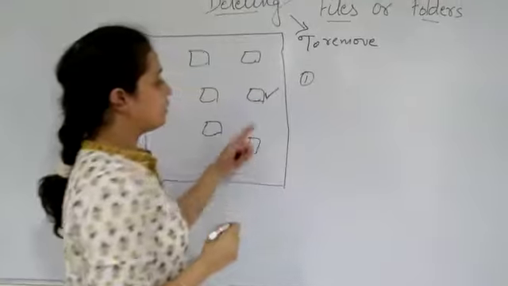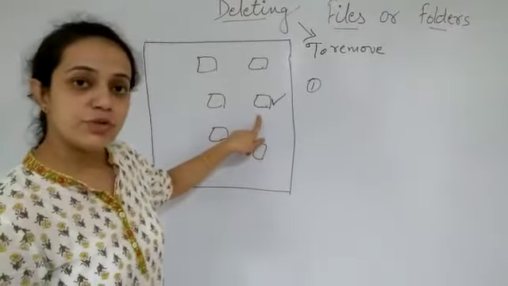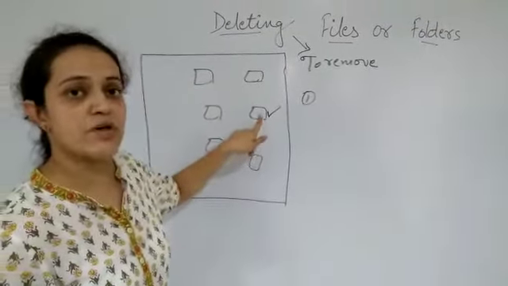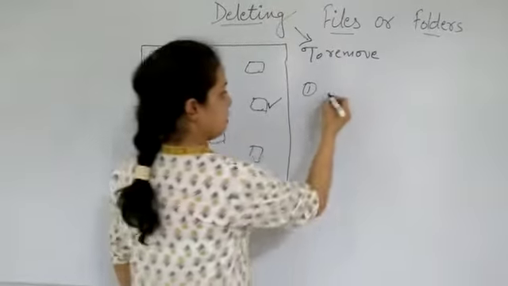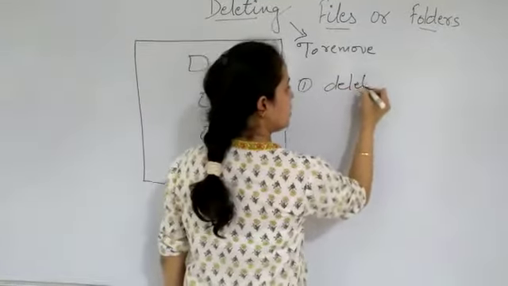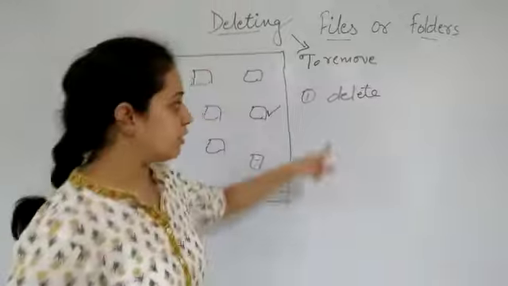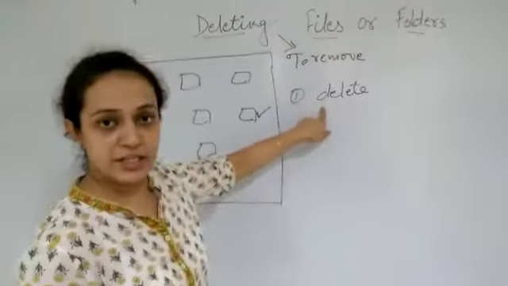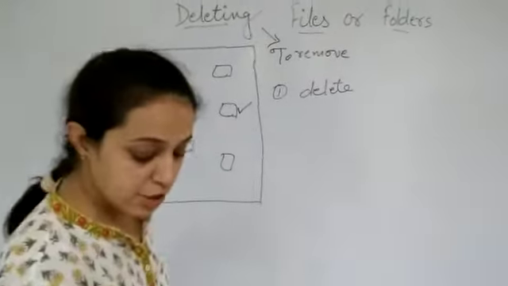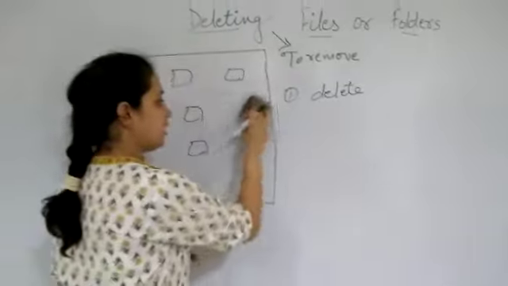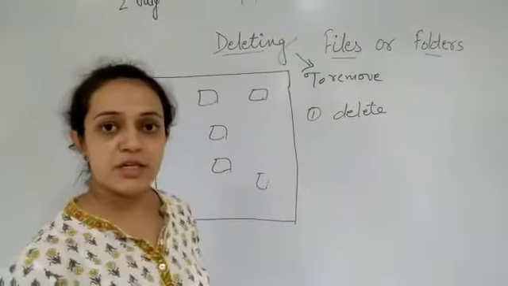First, whatever the file you want to delete, you have to select that file. After selecting, on the keyboard there is a delete key. Press the delete key, and your file will be erased from the computer system.